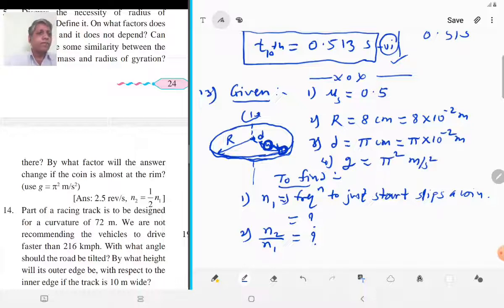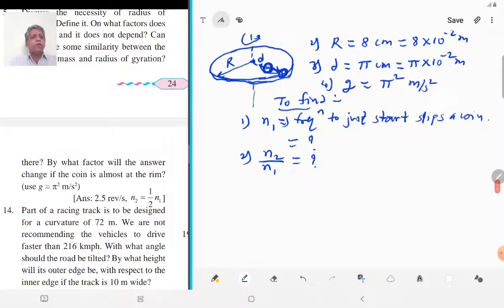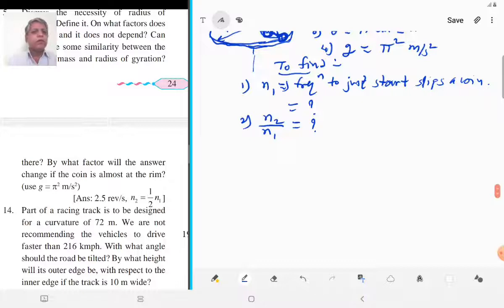Now to solve it, we use the formula V is equal to R into omega.